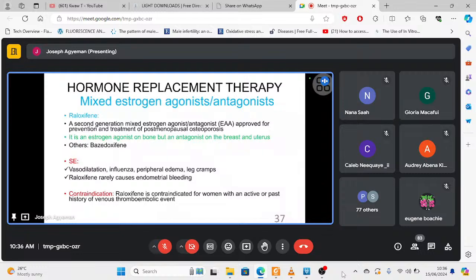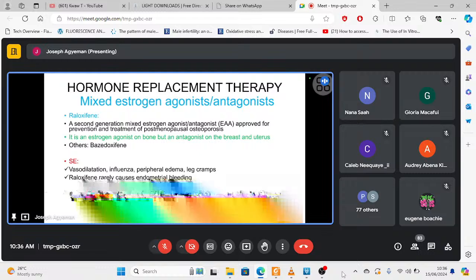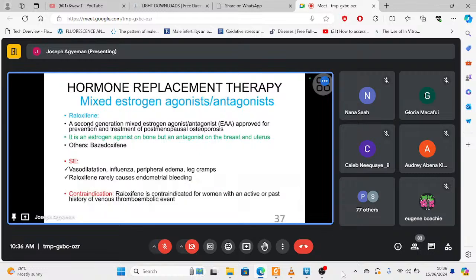That is primary type 1, postmenopausal osteoporosis. The good thing is that it is an estrogen agonist when it comes to bones, but it becomes an antagonist when it comes to breast and uterus. A very good thing, very, very key.